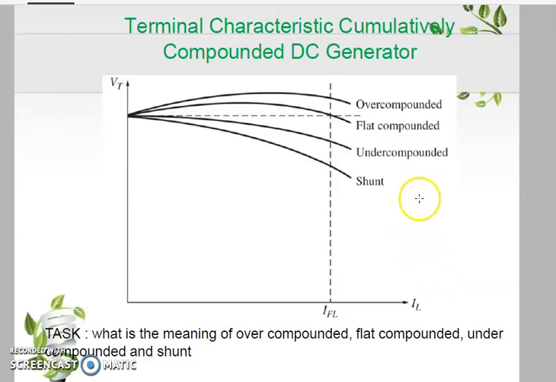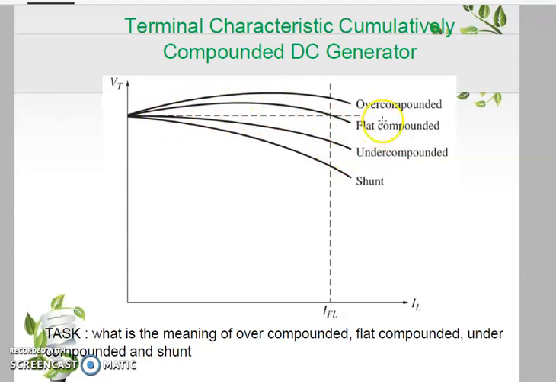In terms of terminal voltage, if we compare with the shunt type, the drop is quite obvious. If we put in an arrangement of undercompound, it improves a little bit. If a flat compound, it improves a bit more.